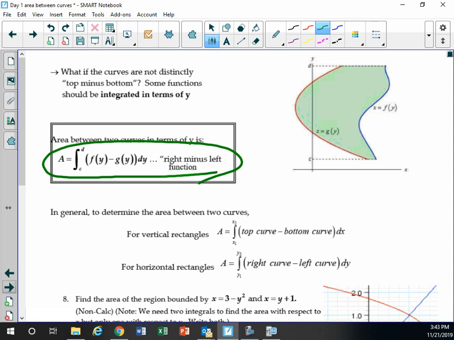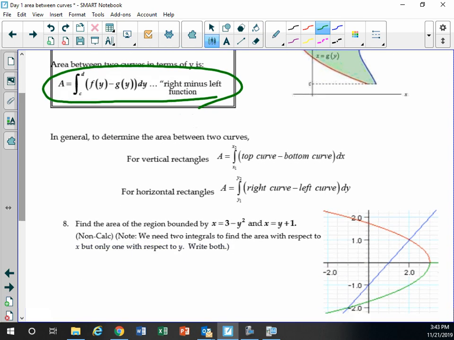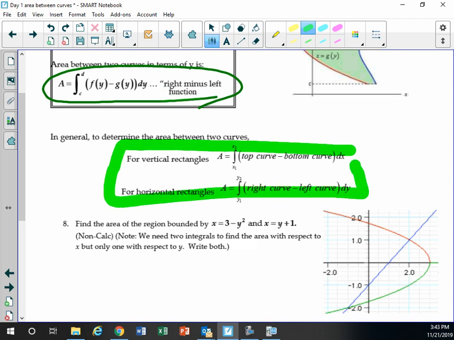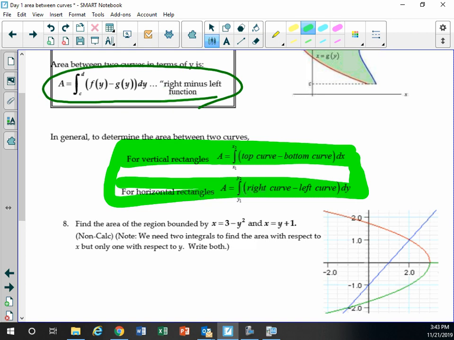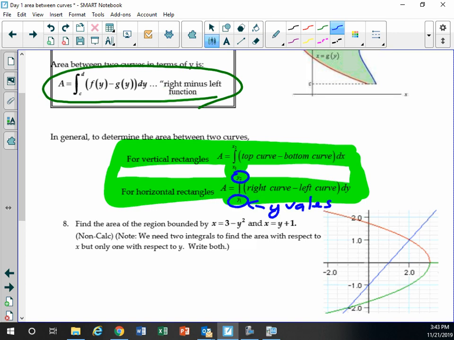And you'll notice in general, are you going right minus left, or are you going top minus bottom? If you are top minus bottom, you are dx. If you are right minus left, you are dy. If you are dy, these are y values. If you are dx, they are x values.